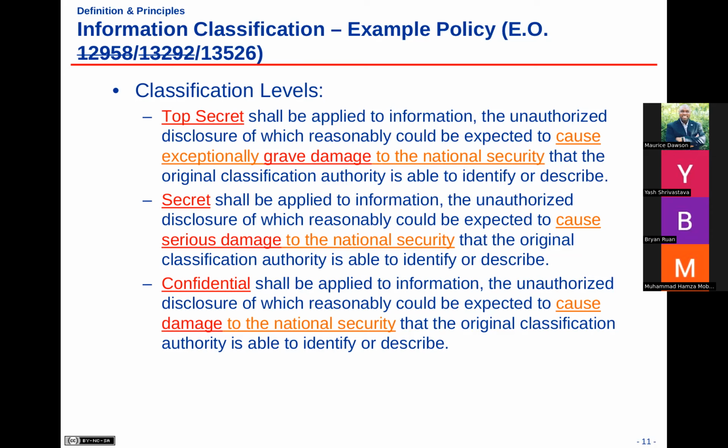So there are classified networks for sharing that data. The data will never be shared through a Gmail suite or something like that. It's an entirely different platform that is expensive, with lots of security around it. And of course, people have to get clearances and get cleared as well.